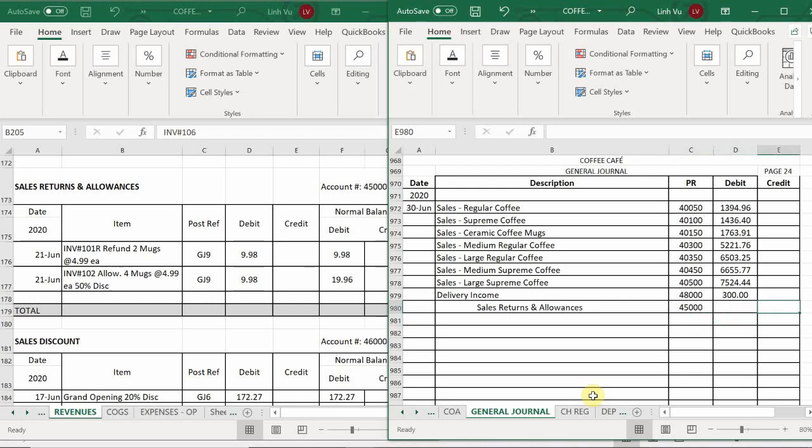And this time, how much am I going to credit my returns and allowances for? $19.96.